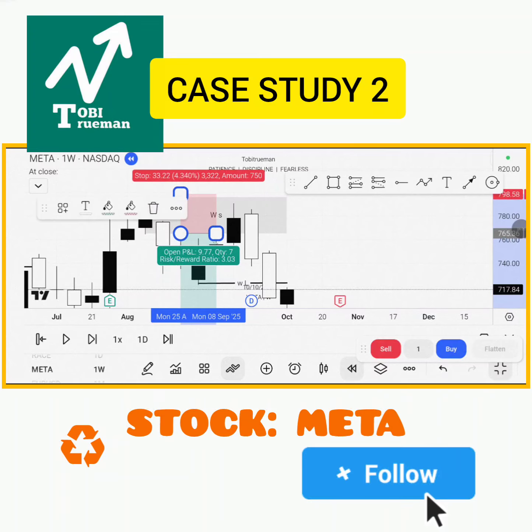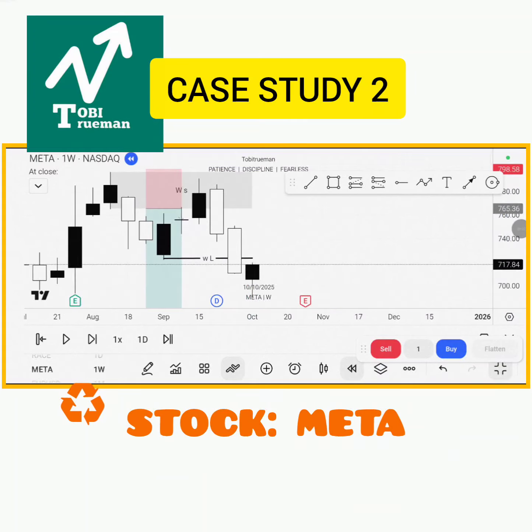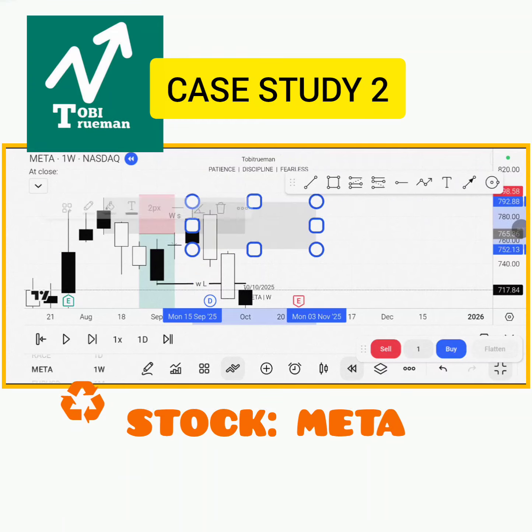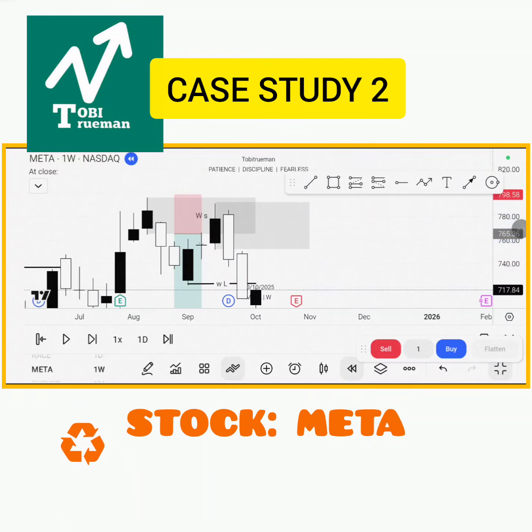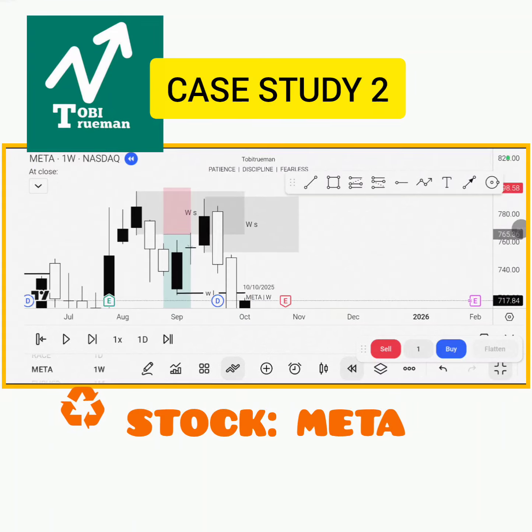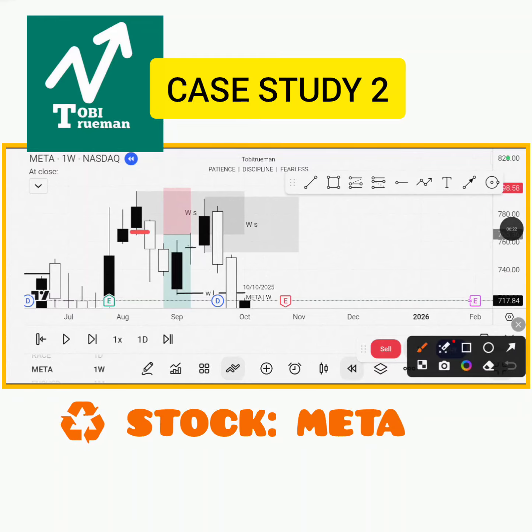All right, let's go to our second trade, which is this one. This is a confirmation trade. Why is it a confirmation trade? Because this particular weekly supply zone was, first of all, on the signal of price coming from the monthly previous high that was taken out.